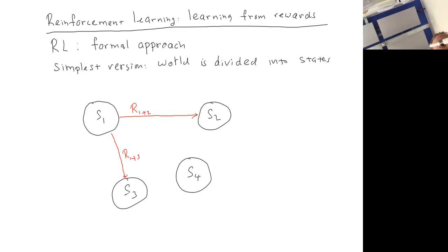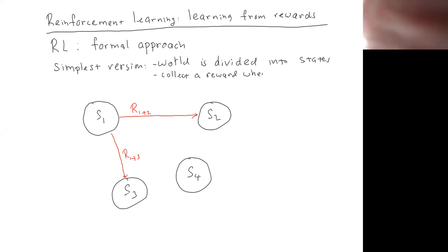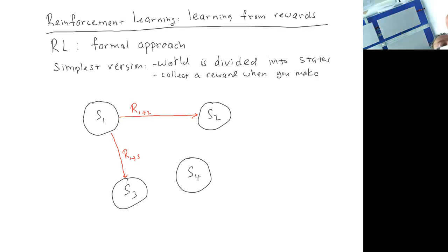So you collect a reward. You make a state transition, and you get to choose an action.